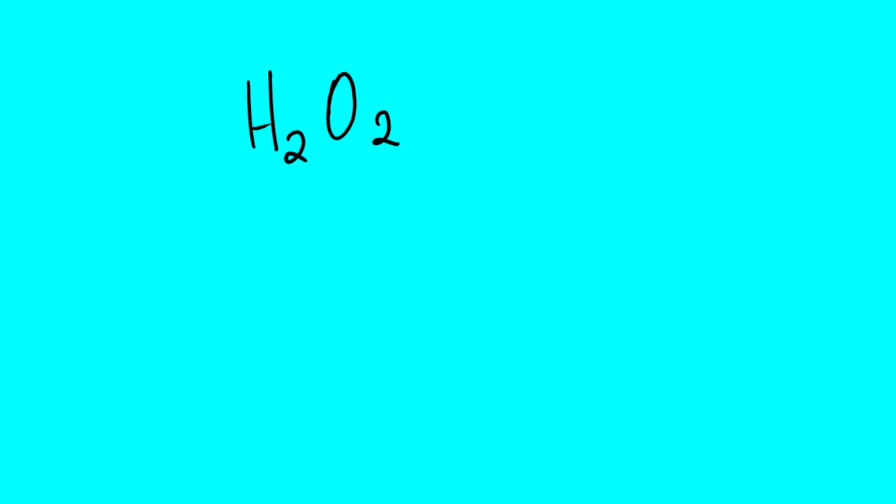Same goes for this one. Sodium is a metal from group number 1, so hydrogen needs to be 1 minus in order for the overall oxidation number to be 0. This is a peroxide, so the oxidation number of oxygen in this case must be 1 minus.